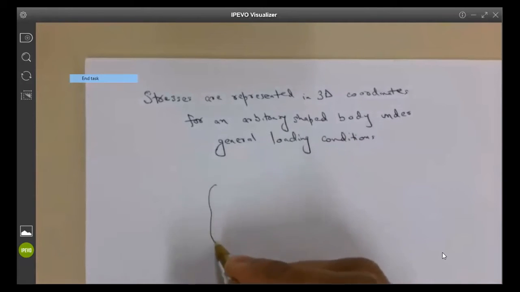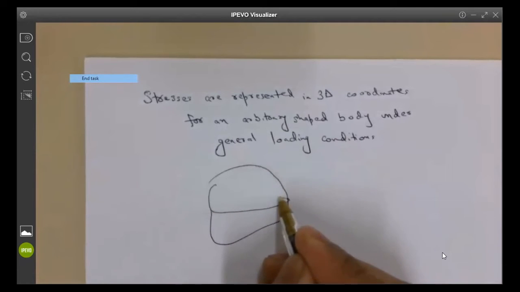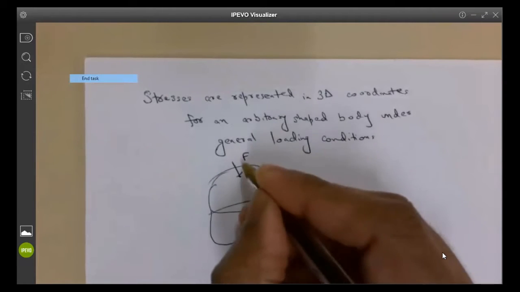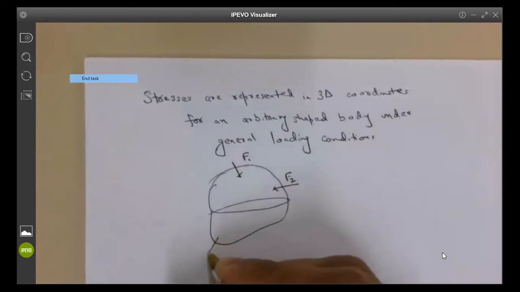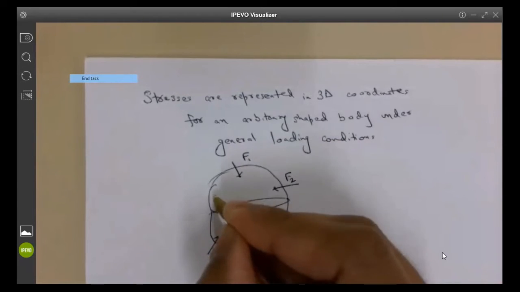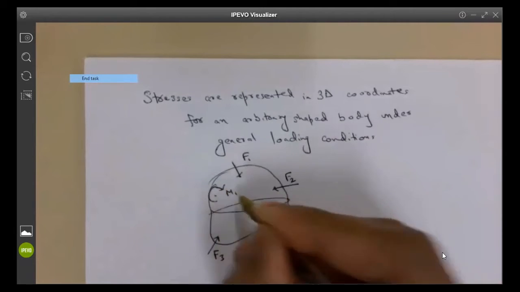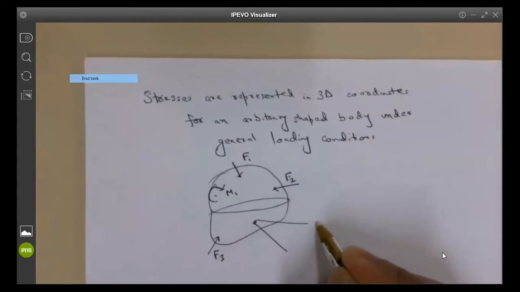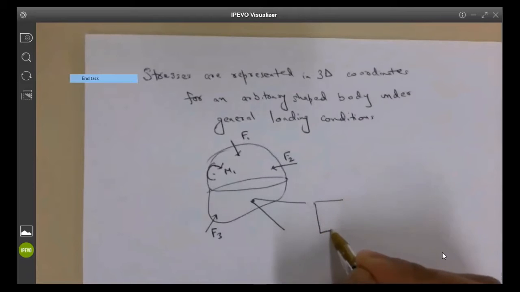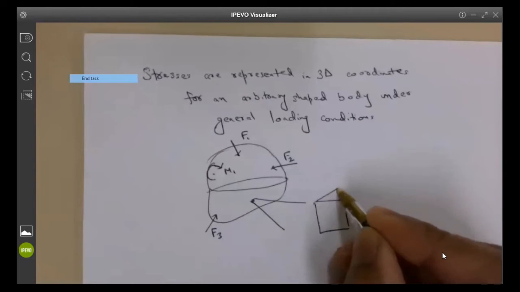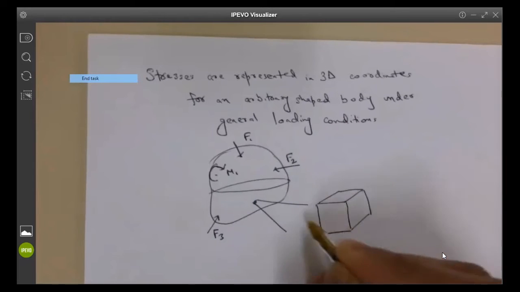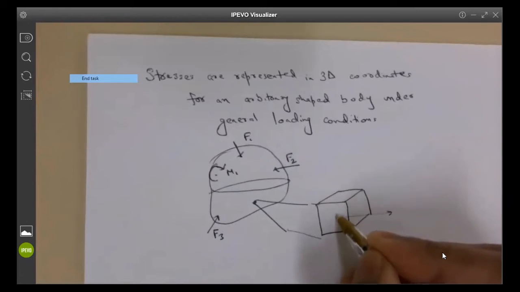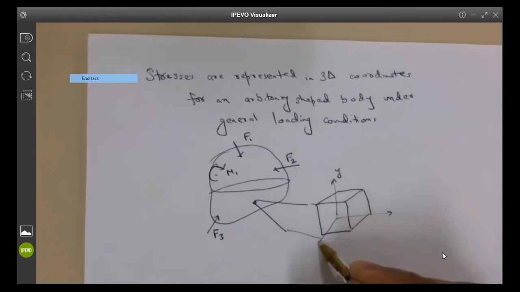If you have an arbitrary shaped body with different types of forces coming into it, along with moments or torques, then a stress at a point in a material is represented by a cube that has 6 faces, and each face has a specific set of stresses acting on it.